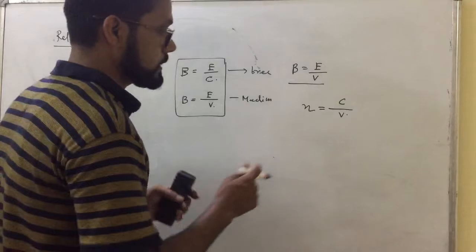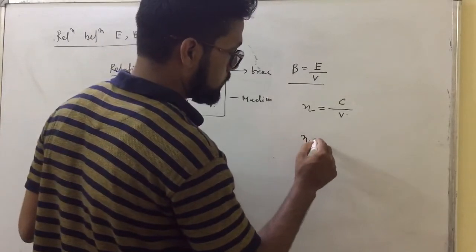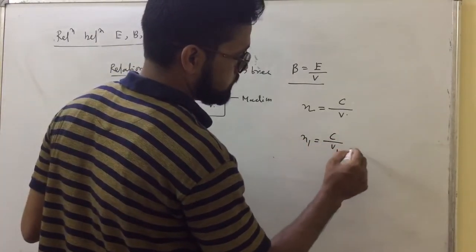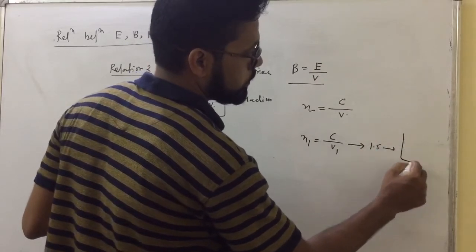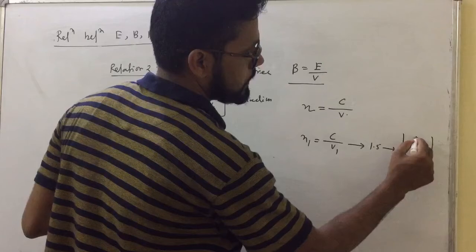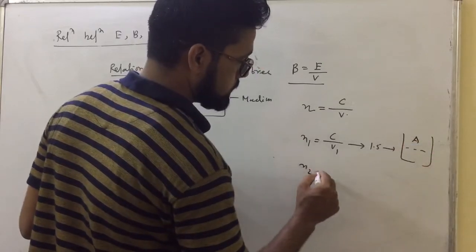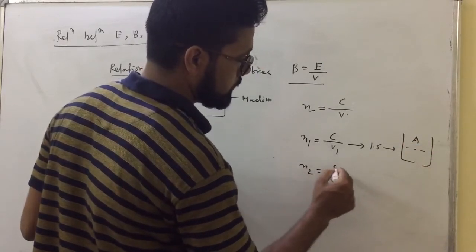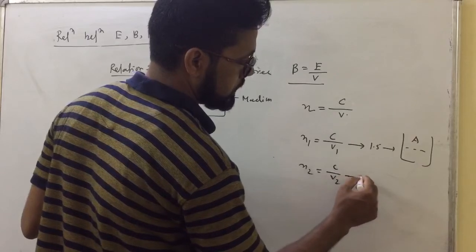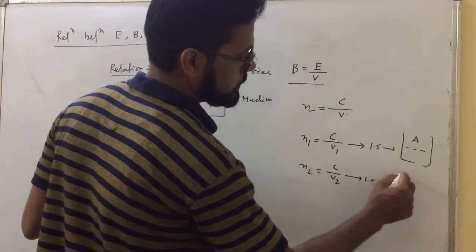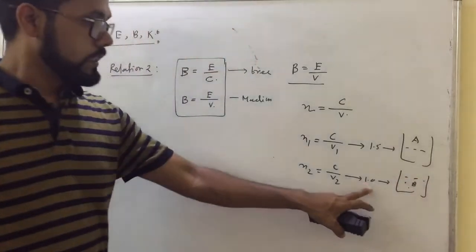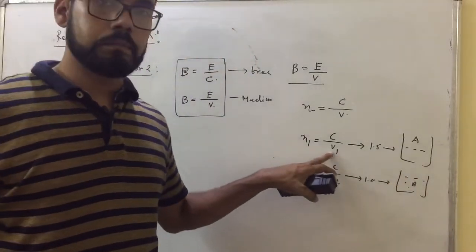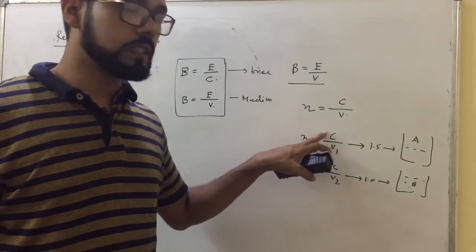For example, suppose refractive index N1 equal to C by V1 is 1.5, in medium A, say water, and another refractive index N2 equal to C by V2 is 1.0 in medium B. What does it mean? 1.5 means V is smaller, because C is constant.